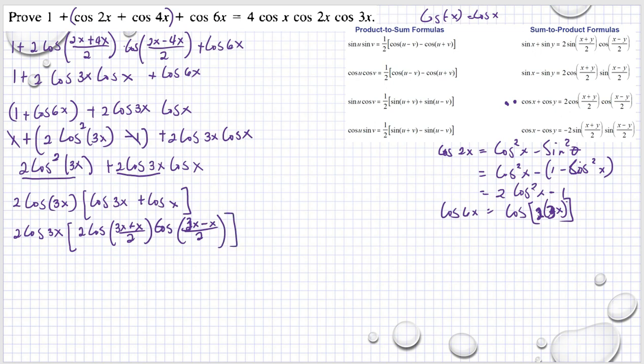Then we have now 2 times 2 is 4, cosine 3x, cosine 4x divided by 2, that's 2x, cosine 2x divided by 2, that is x. Then we got that already. Okay?